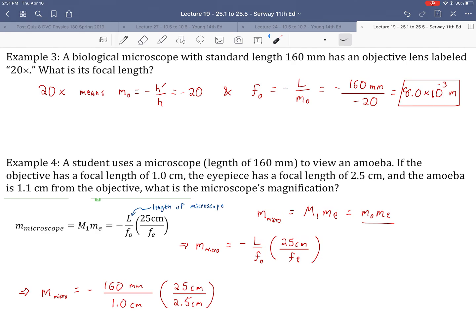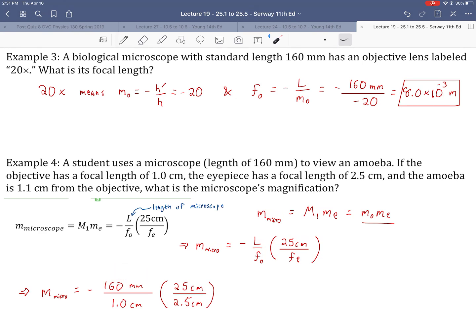Let me check my numbers here. I feel like something is, okay, so I have, yeah, okay. No, actually this is fine. So false alarm. I had a previous note here, but I see that there was just an order of magnitude mistake. Because if we're thinking about the 160, this right here is just 16 centimeters.